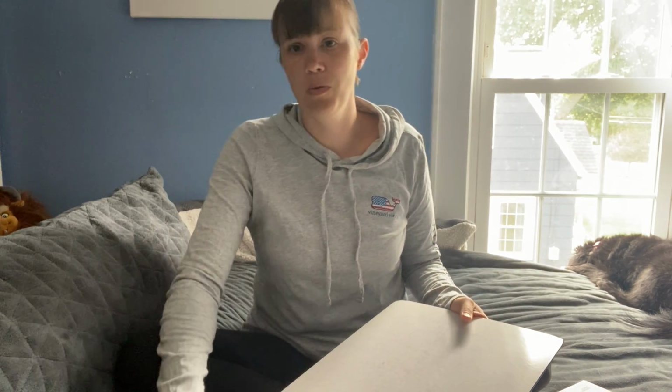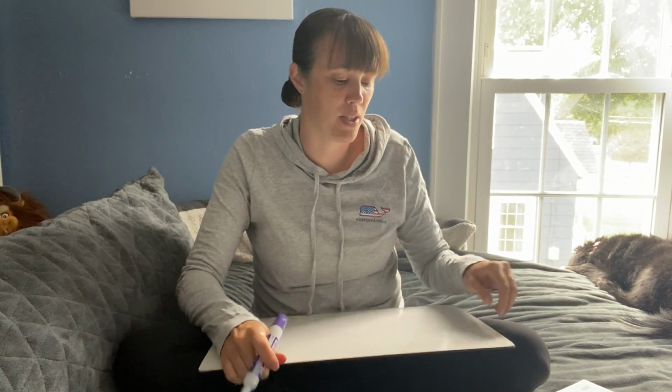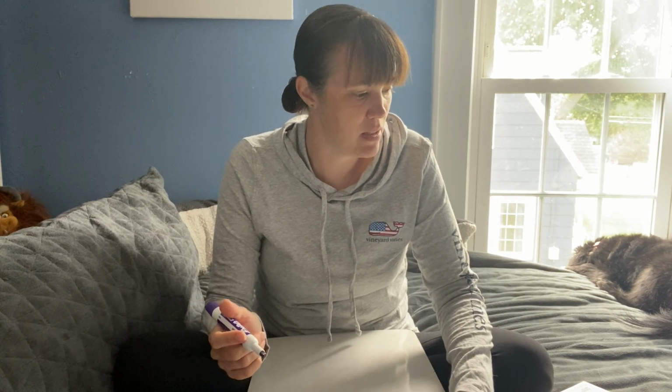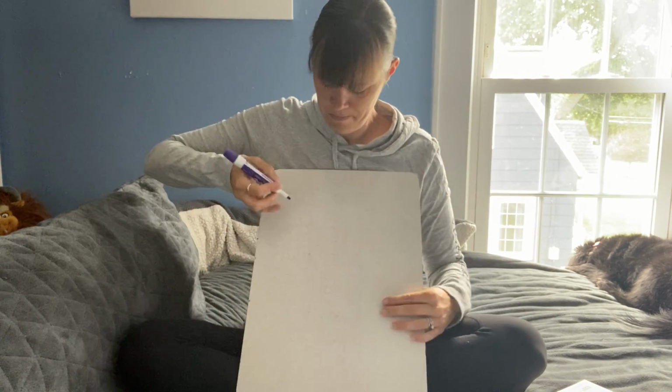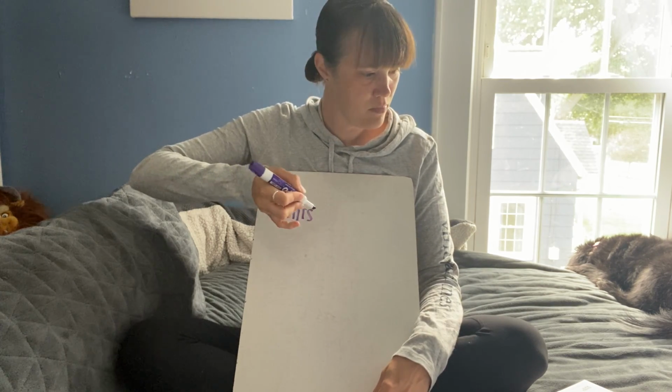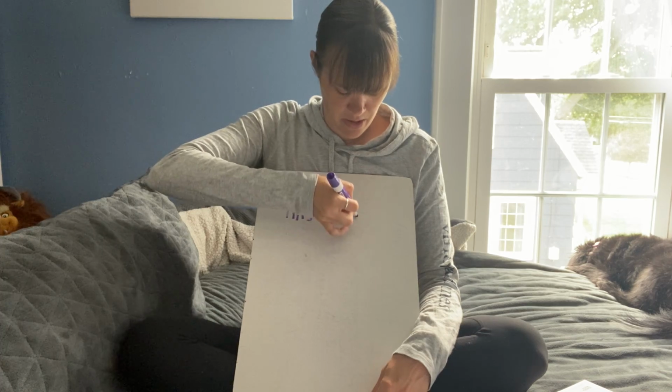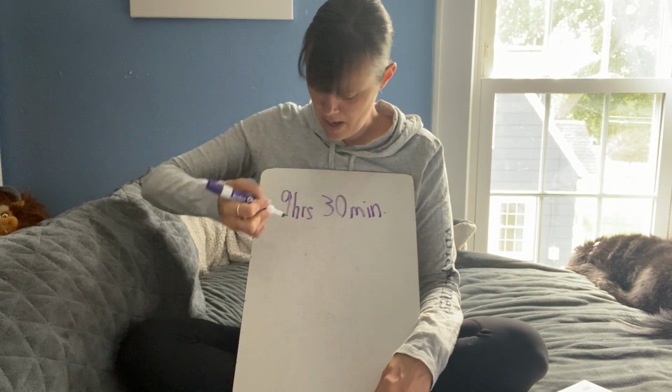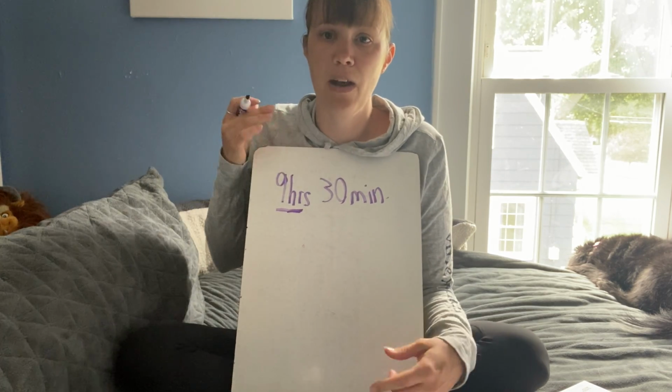All right, so on the back, we have to do our conversions like we've been doing. They're just in hours and minutes and days and seconds and all that fun stuff. So the first one, we have 9 hours 30 minutes, and we want our answer in minutes. 9 hours is how many minutes?